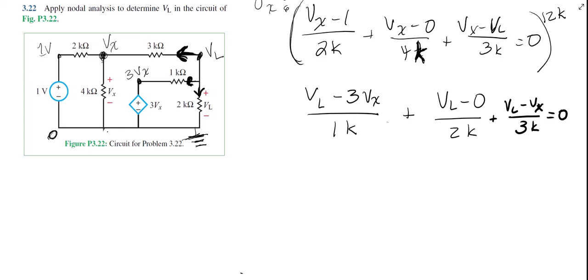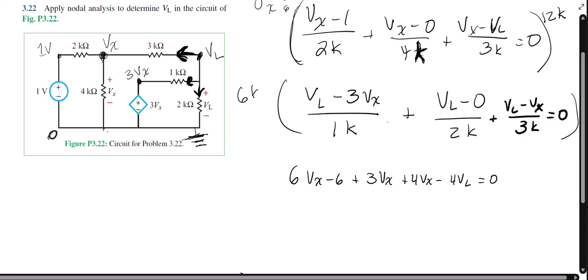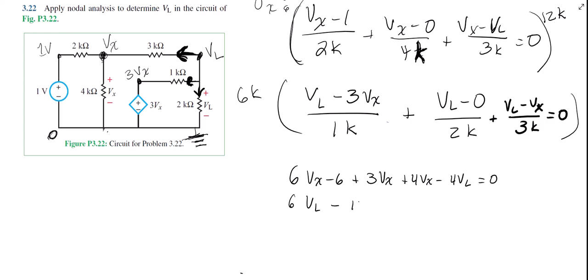I'll multiply this one through by 12k, and that one should be the same as I got last time, so it'd be 6Vx minus 6 plus 3Vx plus 4Vx minus 4VL equals 0. And I'll multiply this one through by 6k, and I'll get 6VL minus 18Vx plus 3VL plus 2VL minus 2Vx equals 0.